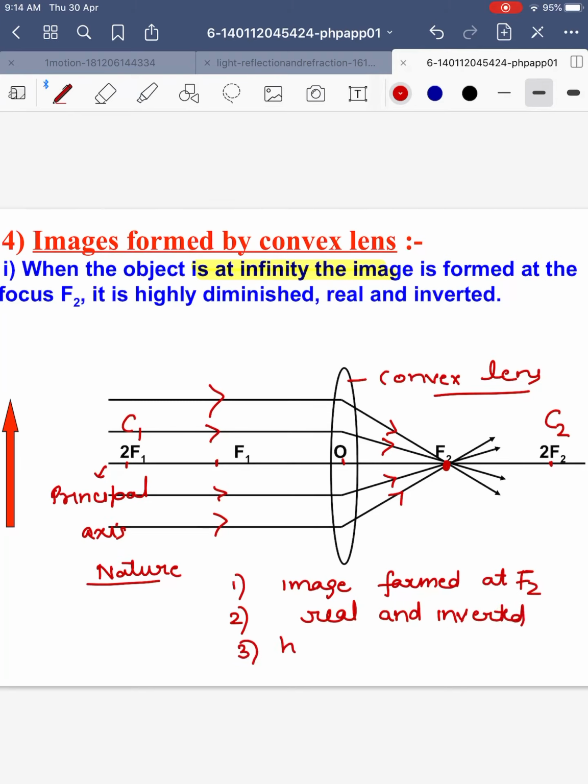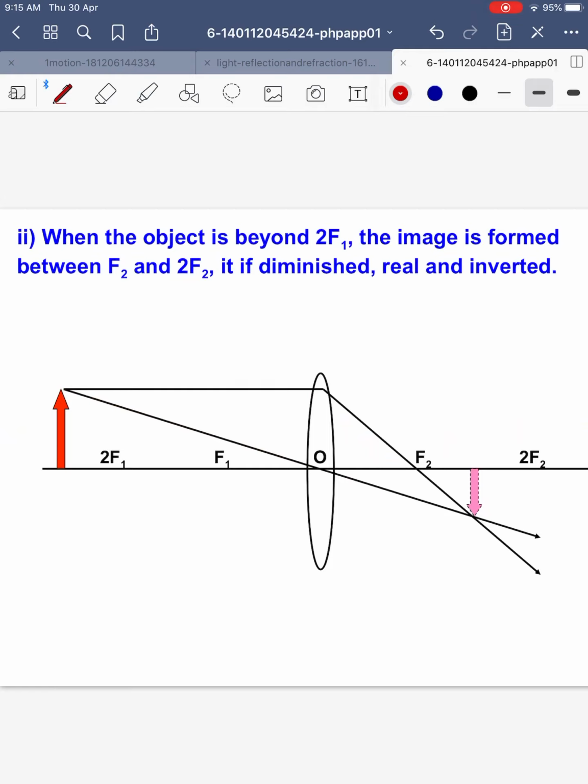And third, it is highly diminished. So this is our case 1, that is for an object which is situated at infinity, the image will be formed at focus.